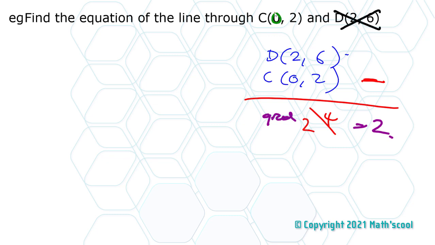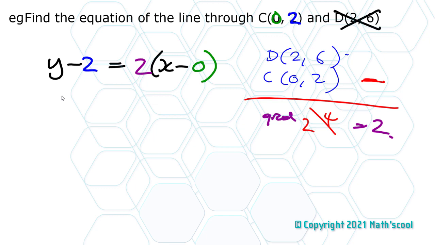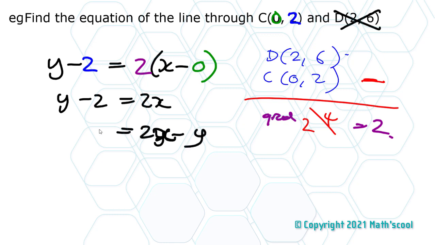That's going to be our x1 and that's our y1, and then we do y minus y1 equals m times x minus our x1, which is 0. And so that gives us y minus 2 equals 2x, and then 2x minus y equals minus 2.